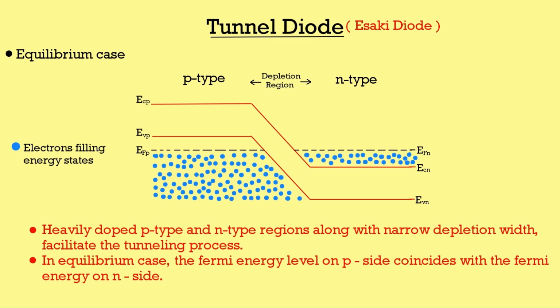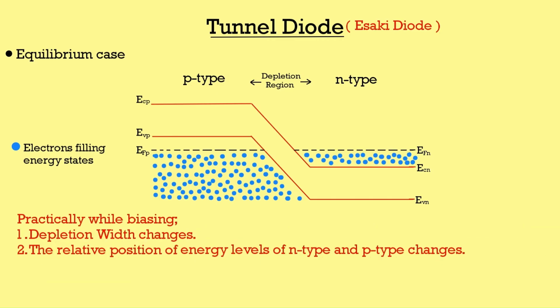The shown energy band diagram represents that the p-type and n-type regions are very heavily doped and have a narrow depletion width, which ultimately facilitates the tunneling process. In the equilibrium case, the Fermi energy level on the p side coincides with the Fermi energy level on the n side, so that there is no electron flow.